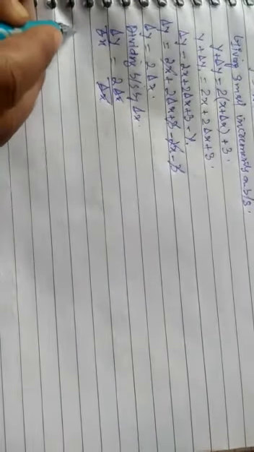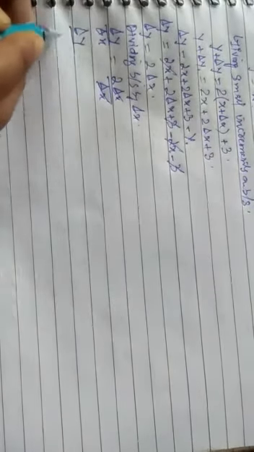After it, you have to divide it by delta x. Dividing both sides by delta x, what will you get? It will be delta y by delta x equals 2 delta x by delta x. Delta x leaves. It is simply delta y by delta x equals 2.